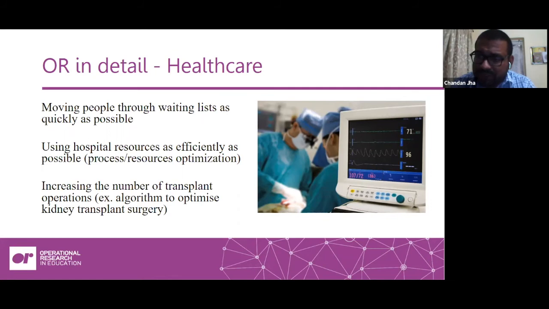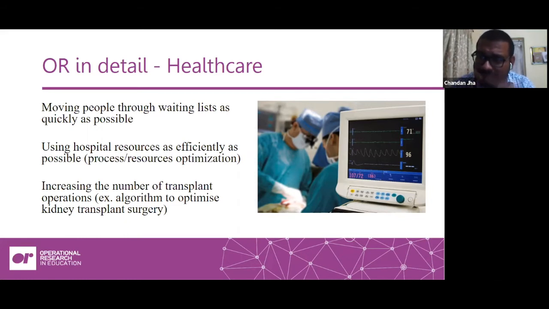So with the help of those limited resources, we need to maximize the revenue and the profit, and on the other hand, we need to provide better facilities so that the satisfaction level of patients will increase in that particular healthcare organization.